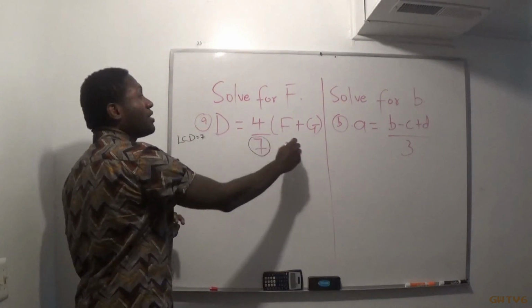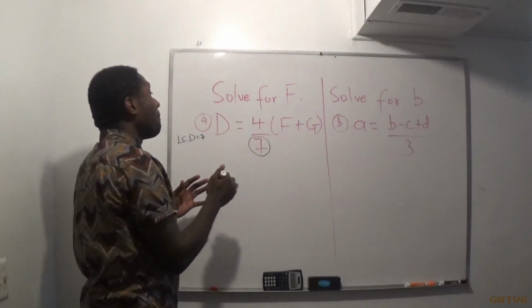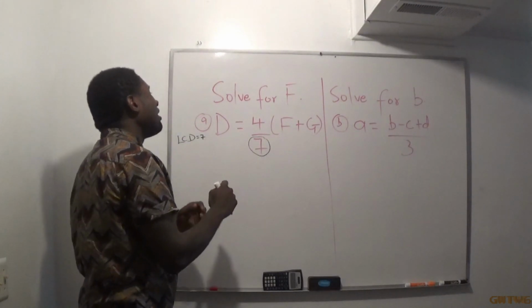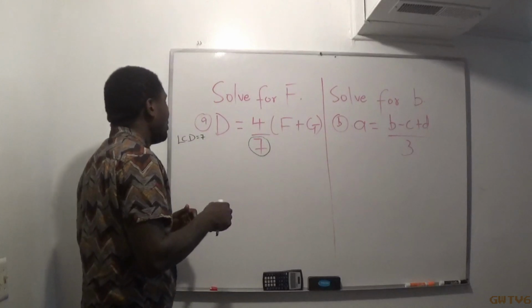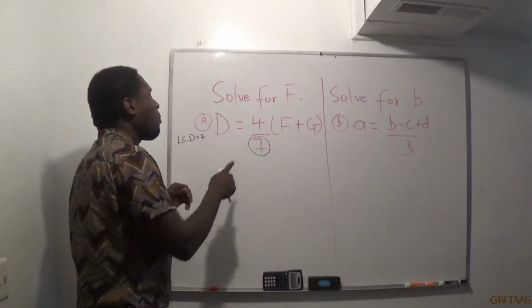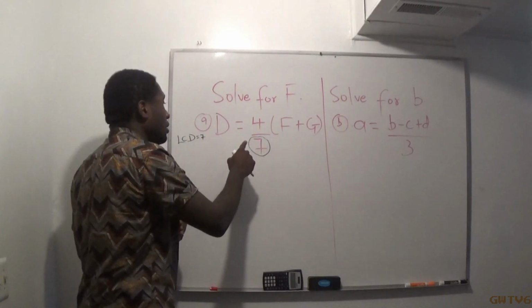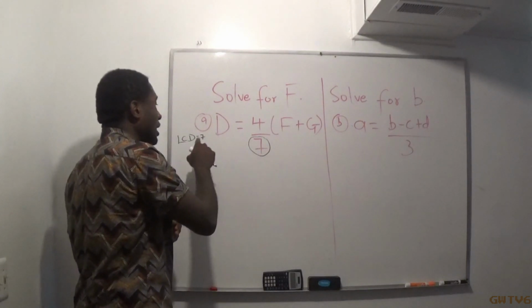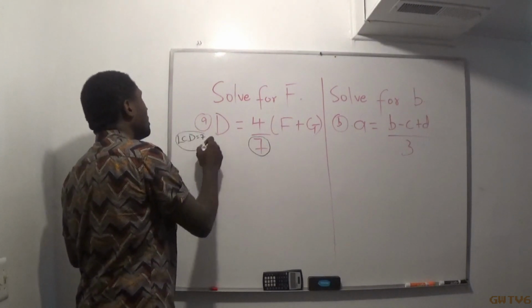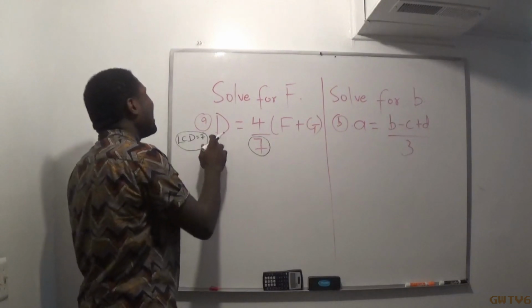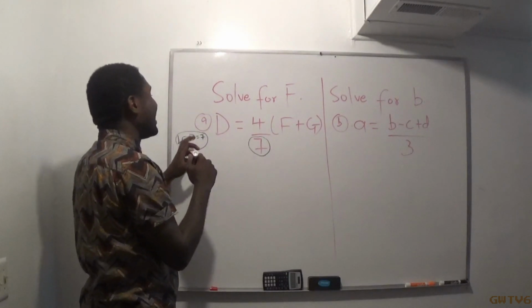If I had two numbers, then I have to find the multiples of those two numbers, and the first common number will be my LCD. But when I have only one number as the denominator, that would just be my LCD. And now I'm just going to multiply each term by that LCD.